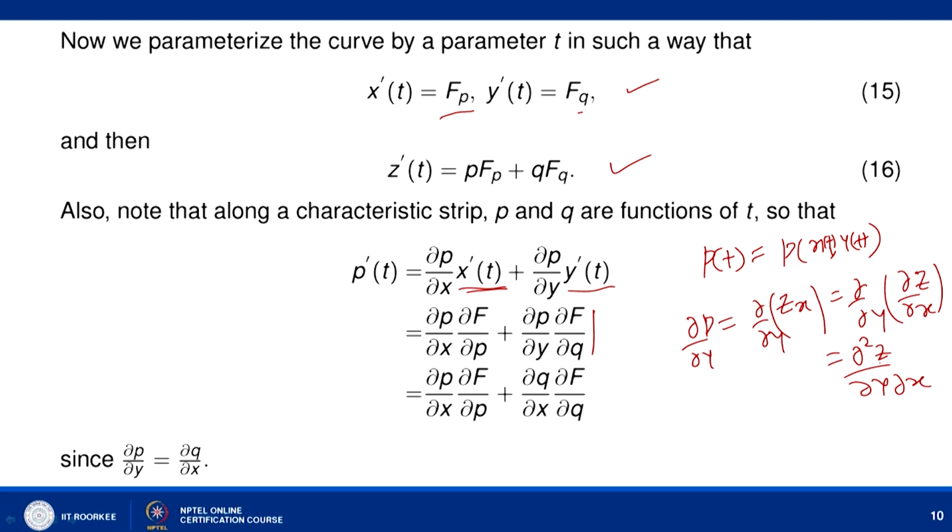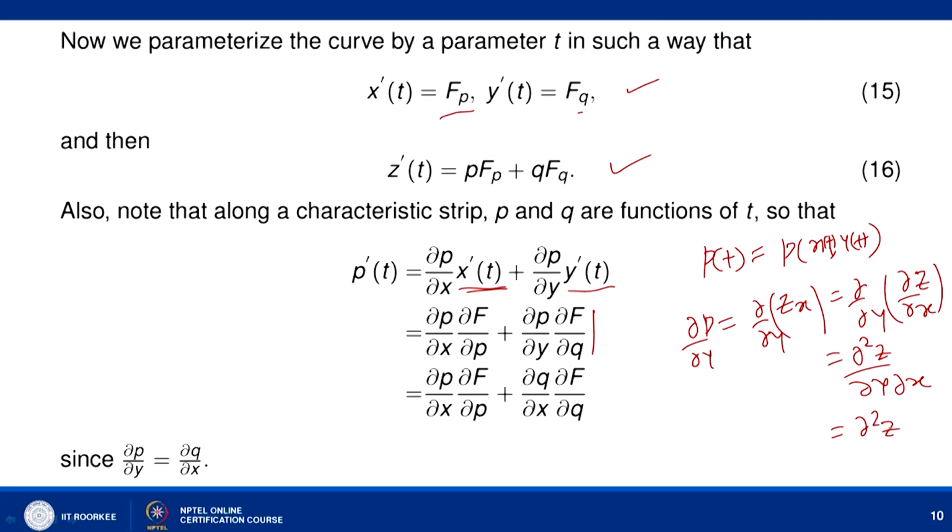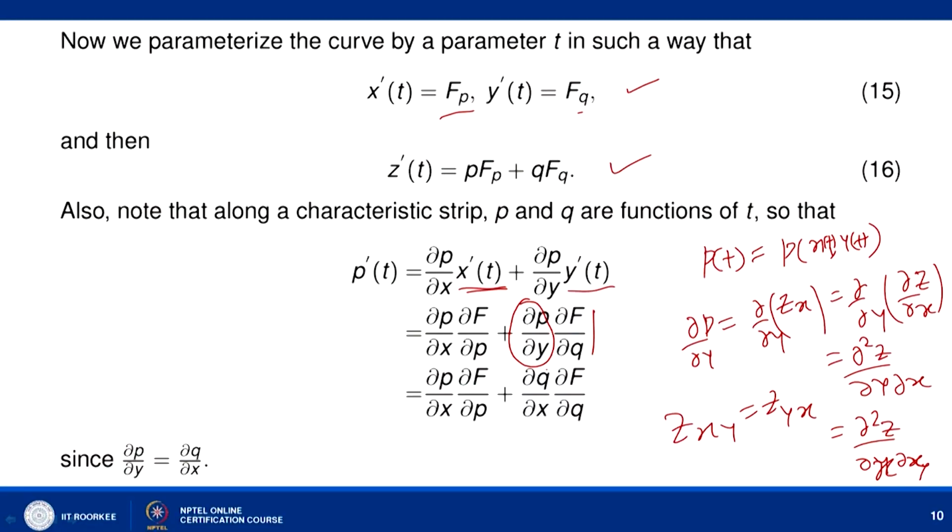Now, if I assume that z has second order continuous partial derivatives, then this is equal to del 2z by del x del y, or you can say that z_xy is equal to z_yx. So, here I am assuming that your surface is smooth enough. Assuming that z_xy equal to z_yx, we can write p_y as q_x.